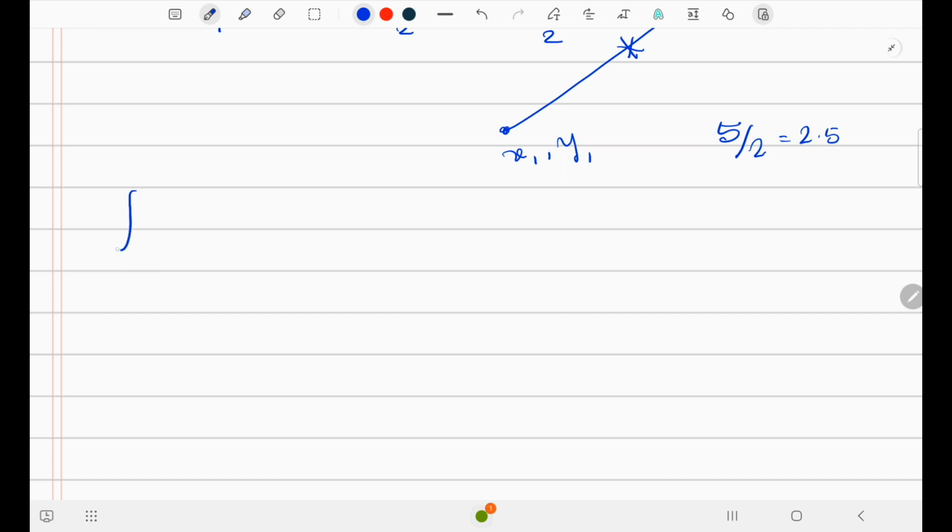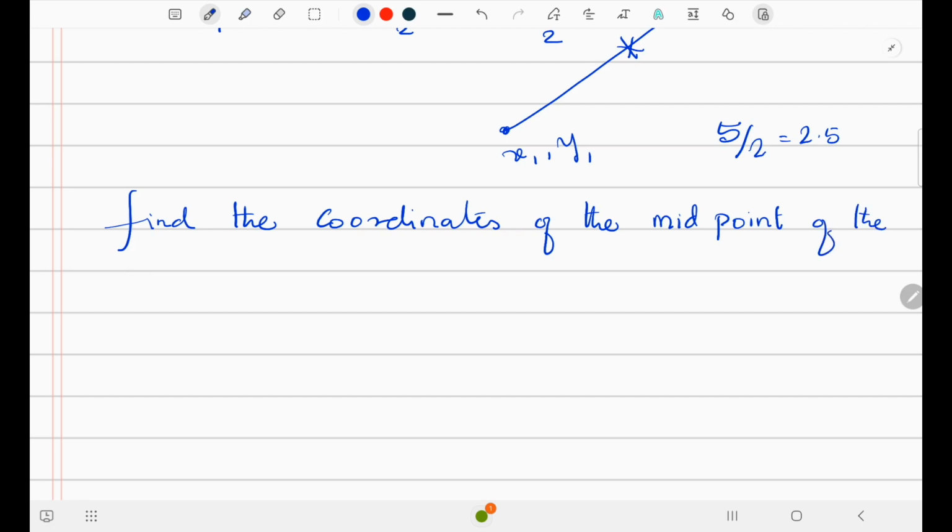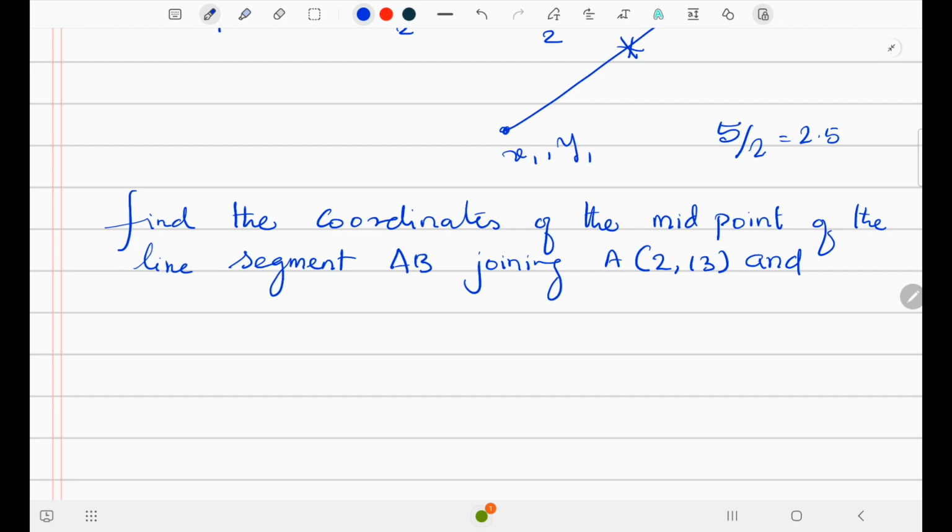For example, find the coordinates of the midpoint of the line segment AB joining A, which has the point 2 comma 13, and B, whose point is 6 comma 16.